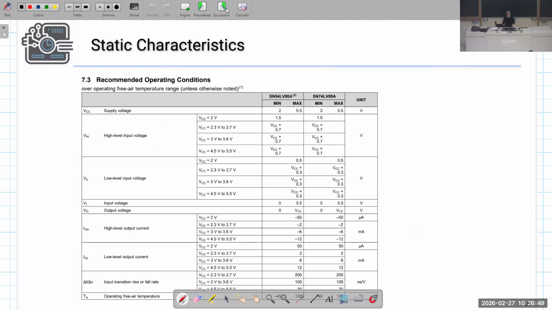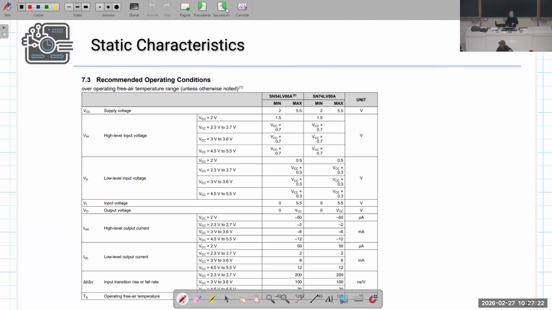Just a very quick comment. These quantities, VIH, VIL, VOH, VOL, exist for any logic family, that is for the single gate, but also for complex systems like microprocessors, microcontrollers, any digital device that you can buy, that you can find in commerce.